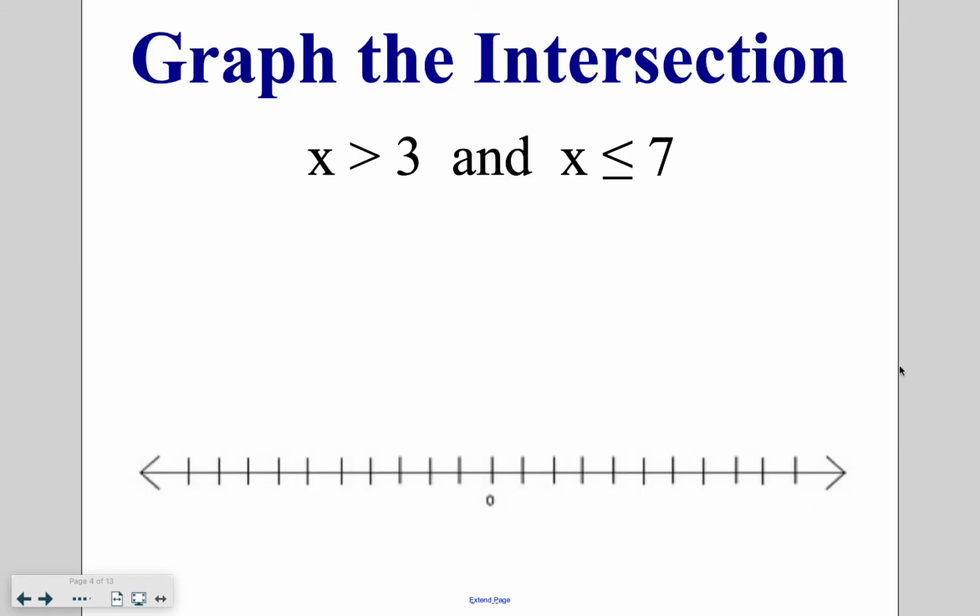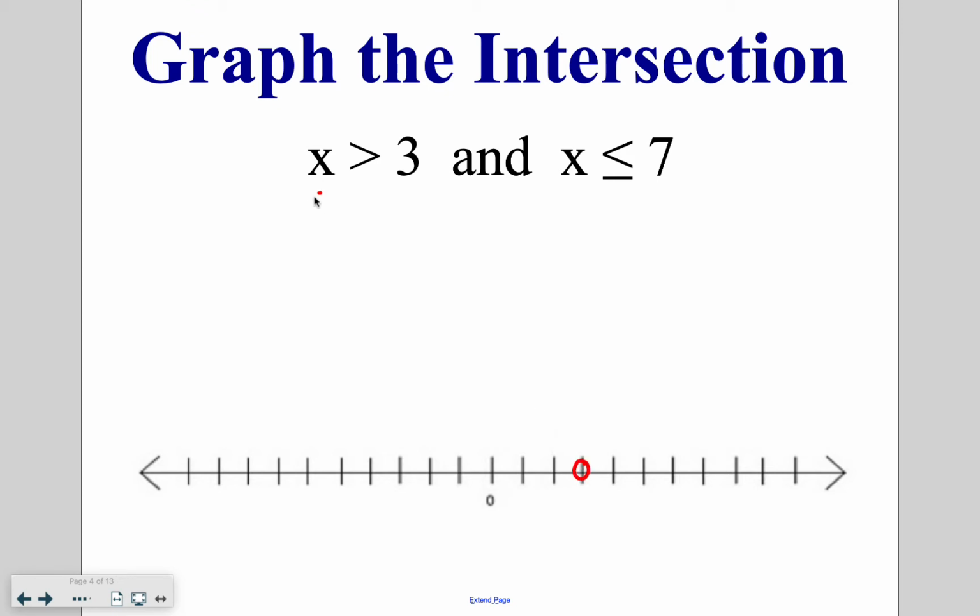So we're going to start by looking at some basic ones, starting with the intersection. We're going to graph this. The statement says x is greater than 3 and x is less than or equal to 7. For the first statement, x is greater than 3, I would start at 1, 2, 3 and put my open dot.